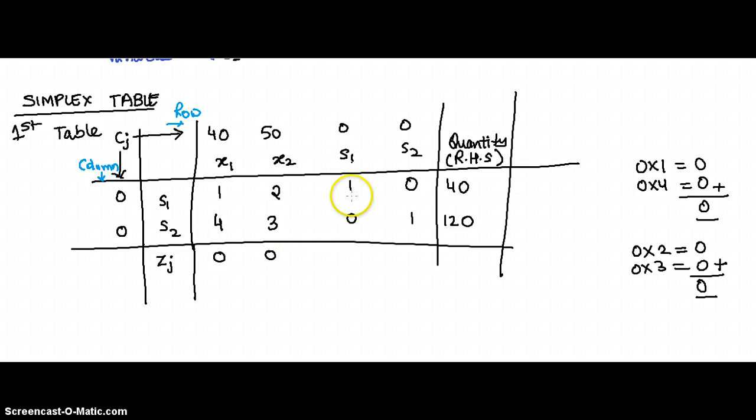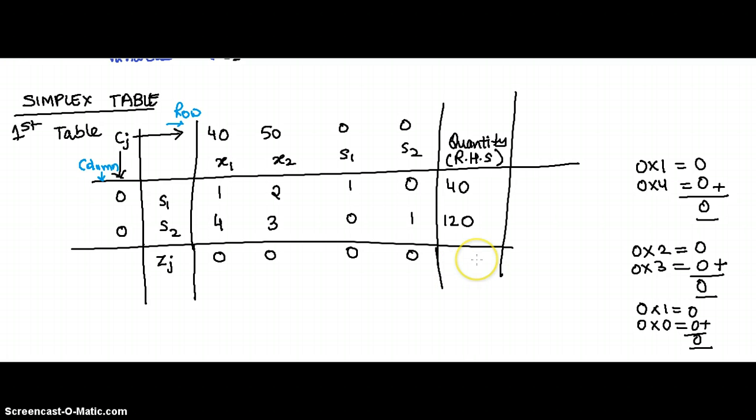Similarly, for this column, 0 multiply 1, that is 0. 0 multiply 0, 0. When we add, we'll get 0. Will come here, and similarly we'll get here. Now we want the quantity here as well.